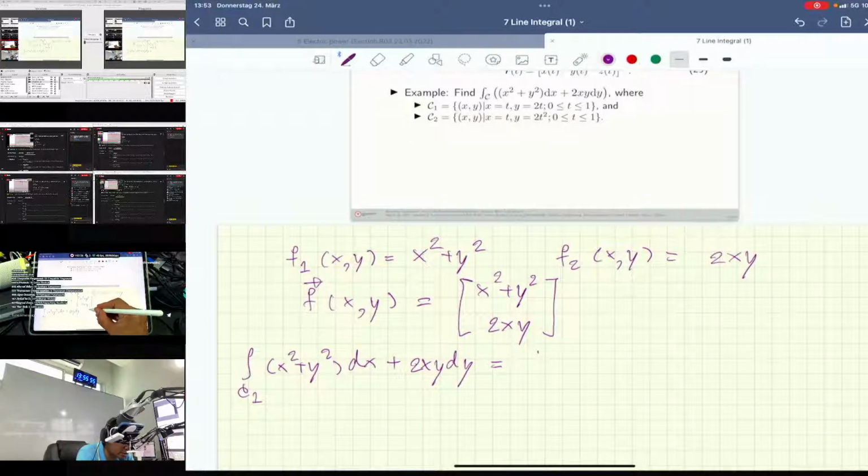It's integration from a to b, a is 0 and b is 1.